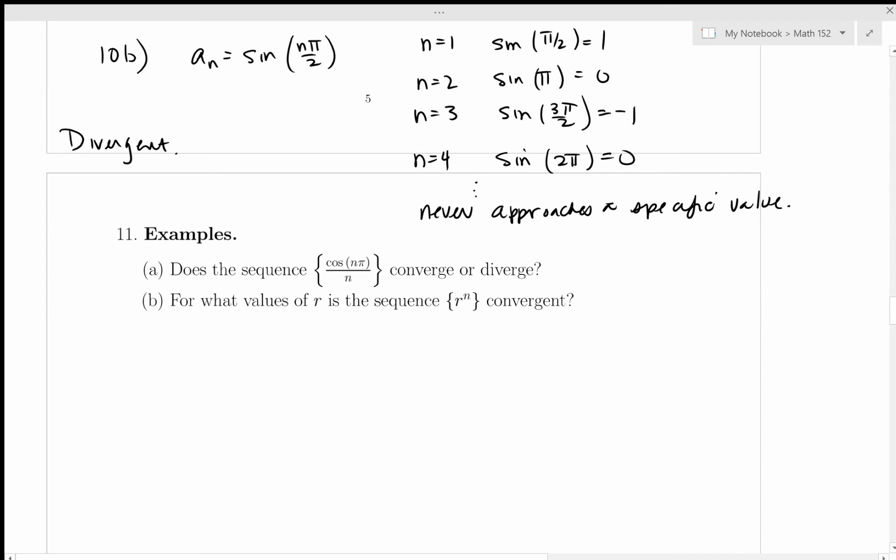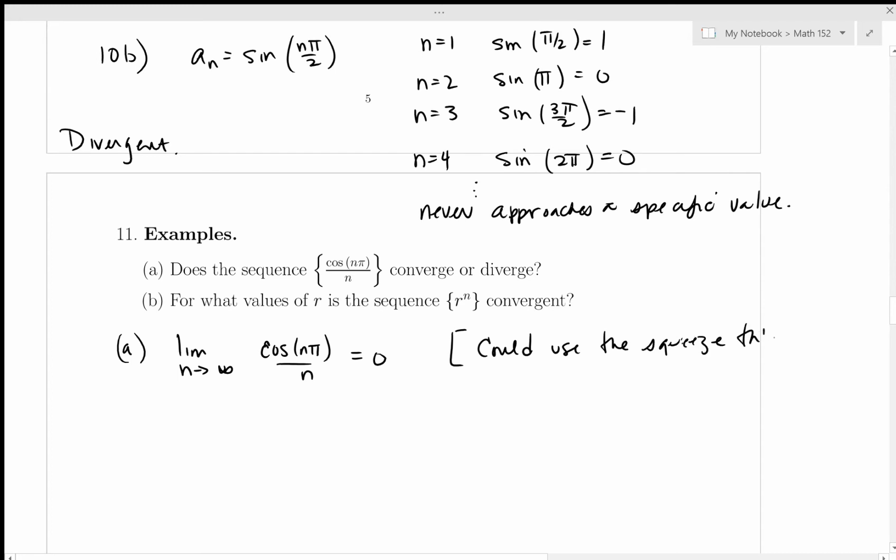So I think it's fairly easy to see that the limit as n goes to infinity of cos n pi over n is 0. If you wanted to be a little more formal, you could use the squeeze theorem. I recommend you write that out as an exercise. You could stop the video right now and analyze this limit using the squeeze theorem.